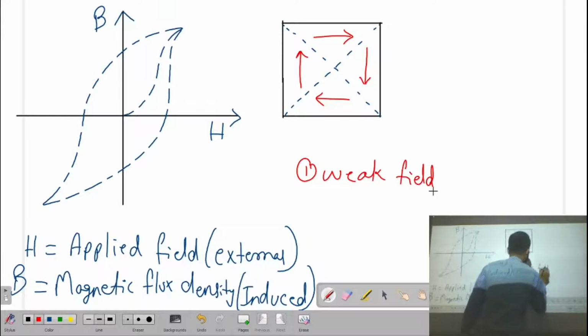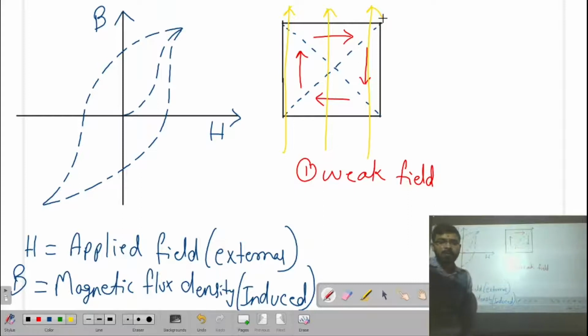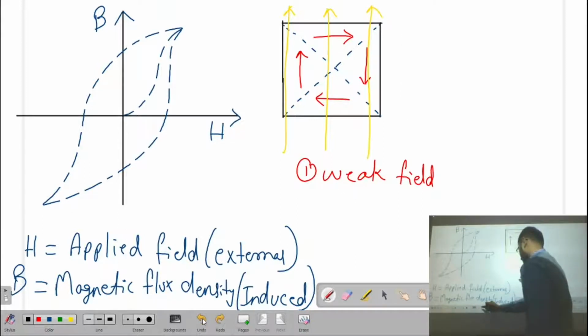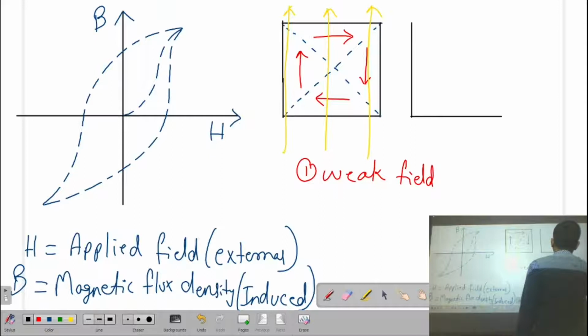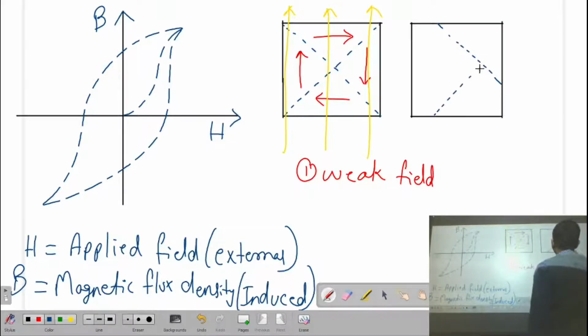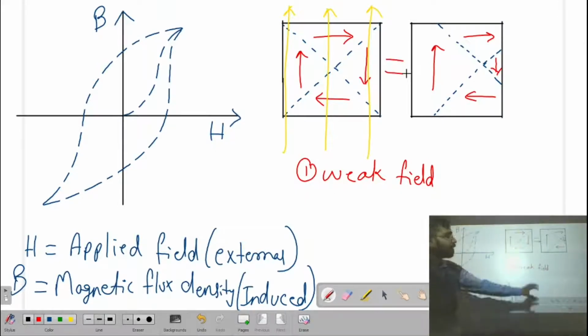For a weak field, as we have already studied, the domains will try to orient in this way.